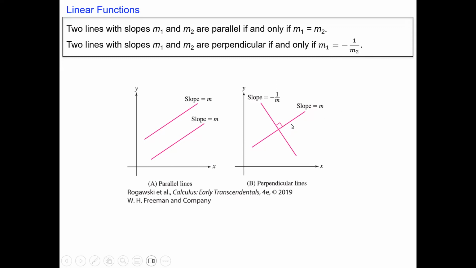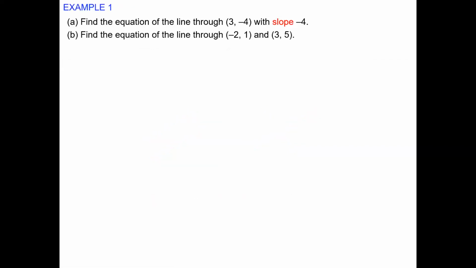That means if one is 2, the other will be negative half. If one is 1/2, then the other will be negative 2. Okay, we also remember from pre-calculus that property.